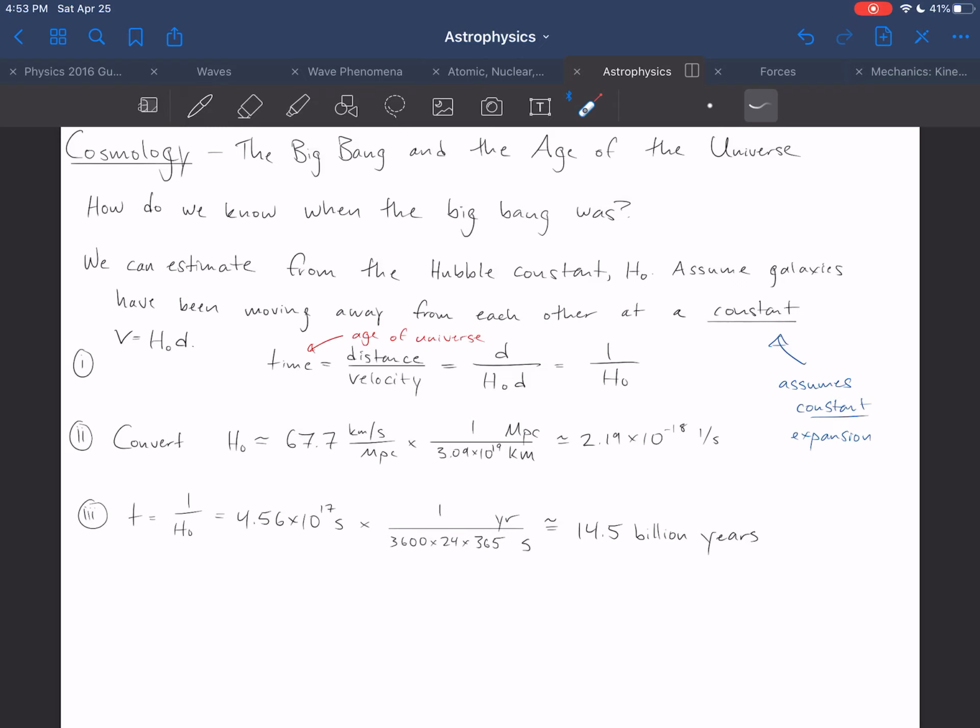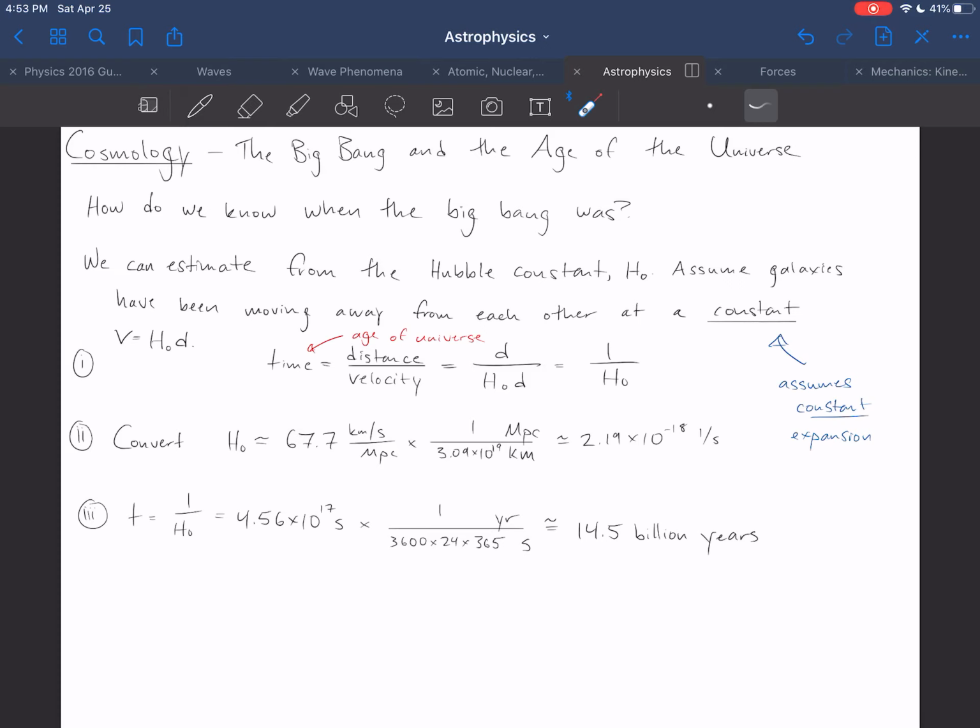And the time it takes for them to have gotten this far is equal to the distance they've gone divided by the velocity they're moving, so we can estimate that total time by taking d, the distance, and dividing by the velocity.